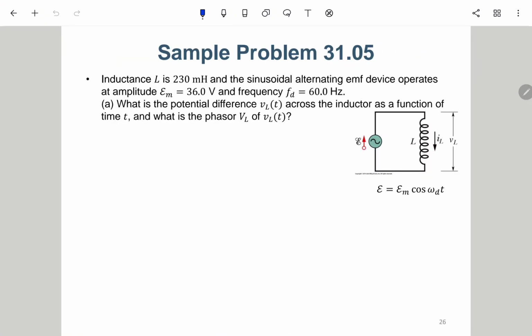For the third case, here we have an inductor with an inductance, and it also asks the same thing.